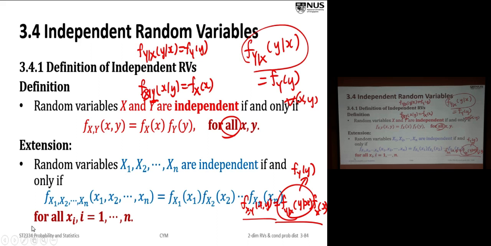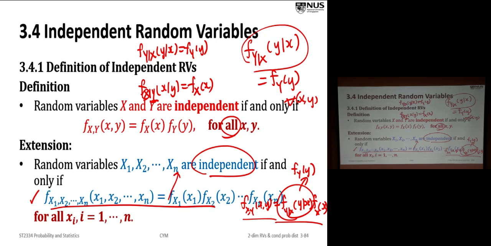So in other words, if they're independent, then this is true. If you have this result, then we conclude that this set of random variables are independent. So that's what we mean by if and only if.